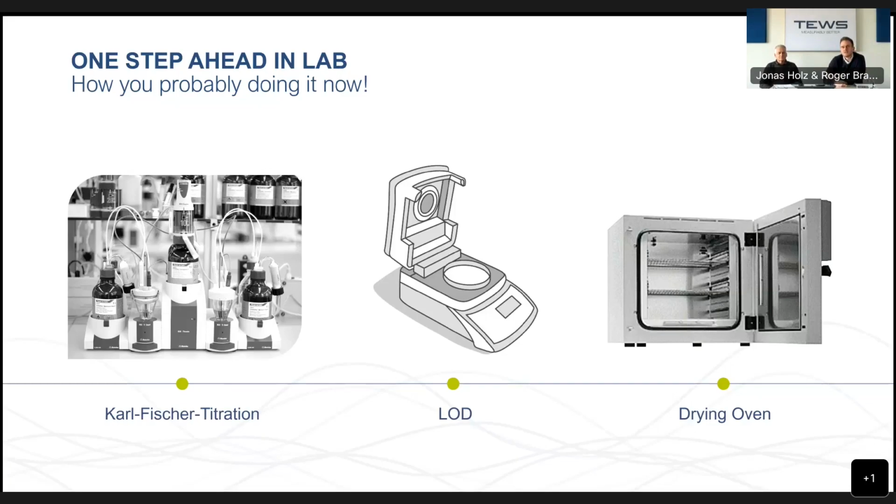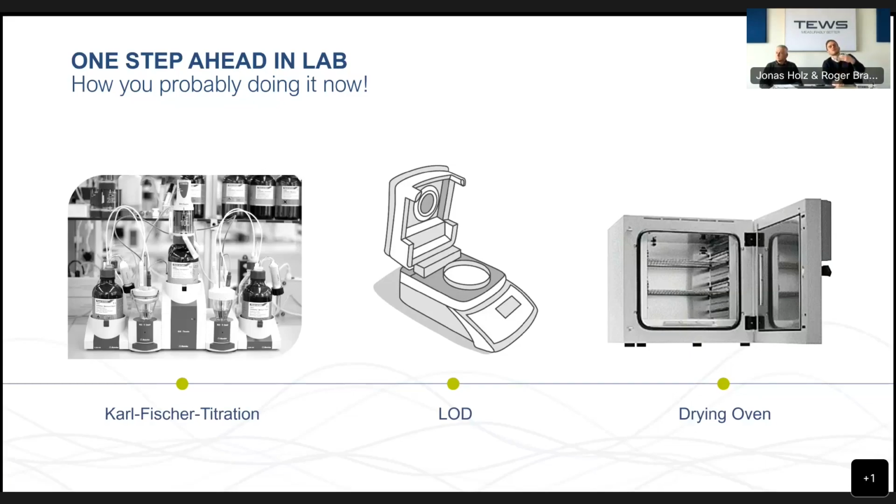Then we also have here two methods that are very common in the tobacco industry. We see here in the middle the moisture balance, and on the right side a classic drying oven. Both belong to the LOD method, which stands for loss on drying, and they function very similarly.